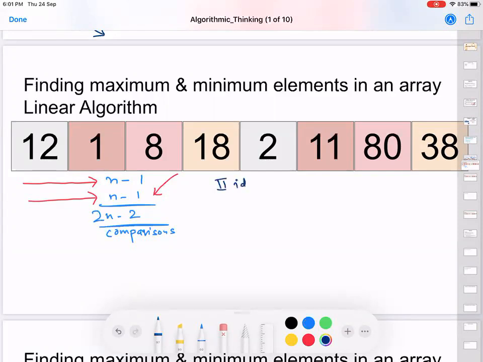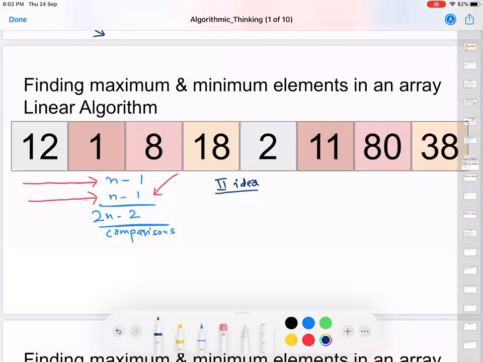Let's come to the second idea. So what can be your second idea? Just a correction: after you have found the max, then you don't need to do n minus 1 comparisons. You can work with n minus 2. You can ignore the max. Okay, so what Sanatan is saying, you can make it all the more efficient.